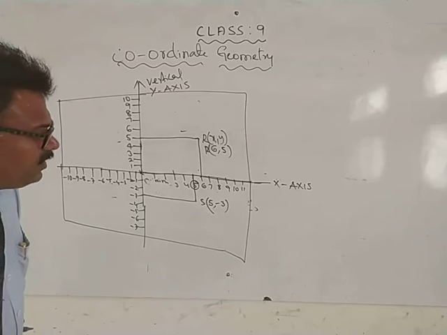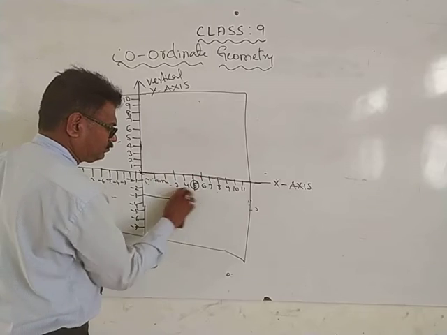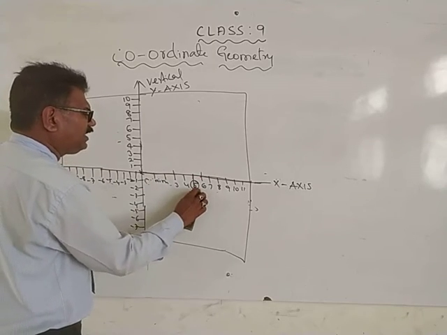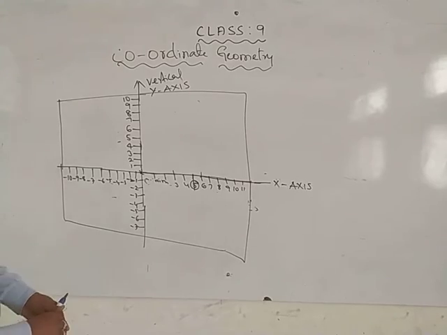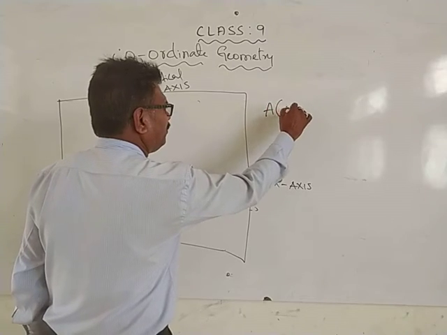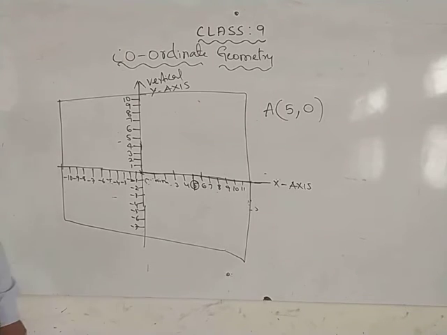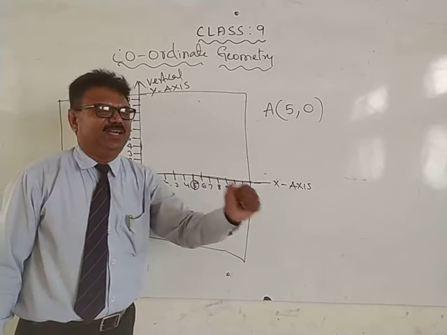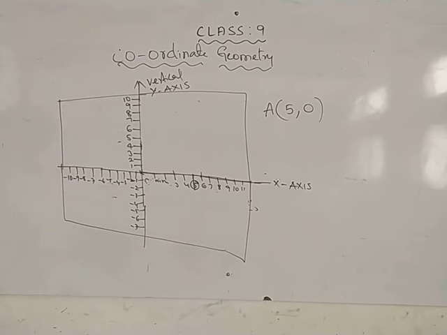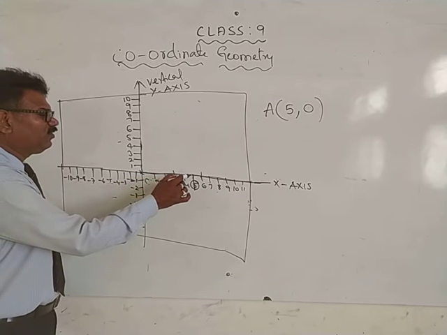Okay, right. Third type, a little bit of confusion. There is no confusion that much. For example, A is 5, 0. Many students will be confused. Where does 5, 0 lie? 5 is the X value: 1, 2, 3, 4, 5.